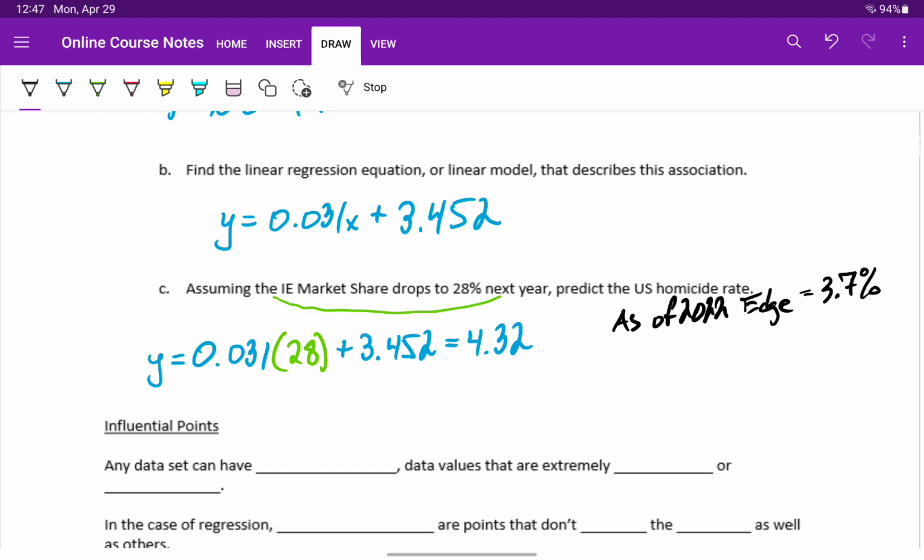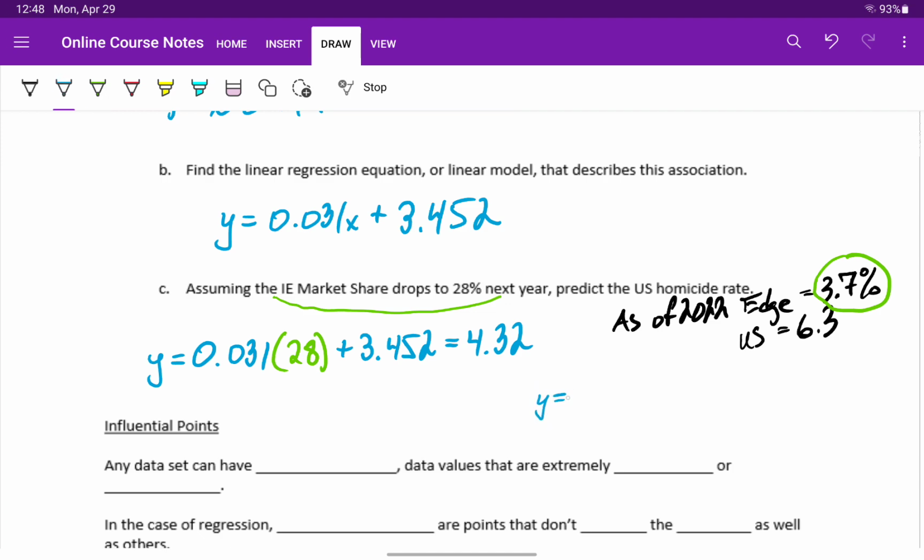So that market share has dropped considerably. And the US homicide rate is 6.3. What we can do is plug in this value of 3.7, see what that predicted homicide rate would be, and see if a pattern still exists, if we're getting something close to the actual known value.